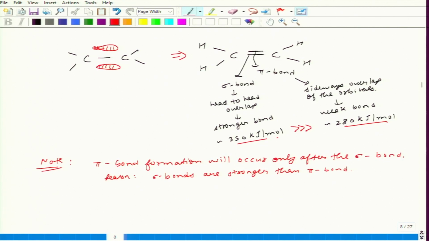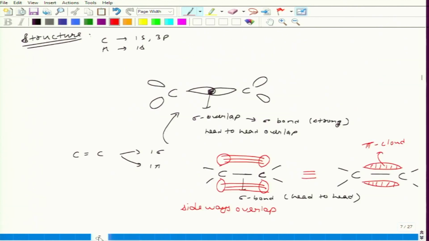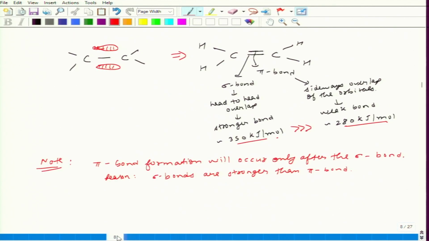That's why sigma bonds form earlier than the pi bonds. Pi bond formation will only follow the formation of the sigma bond. Okay, so we have discussed the structure of these molecules.